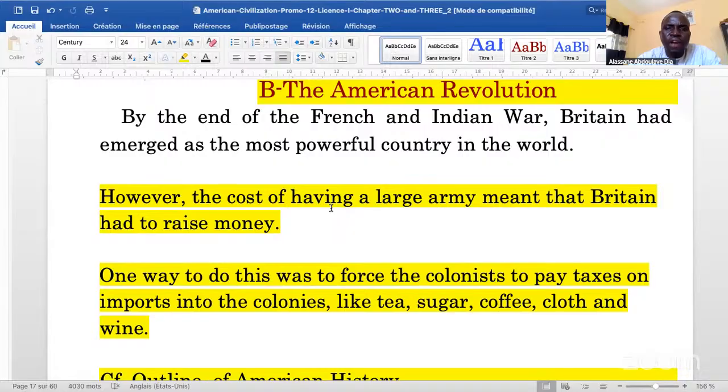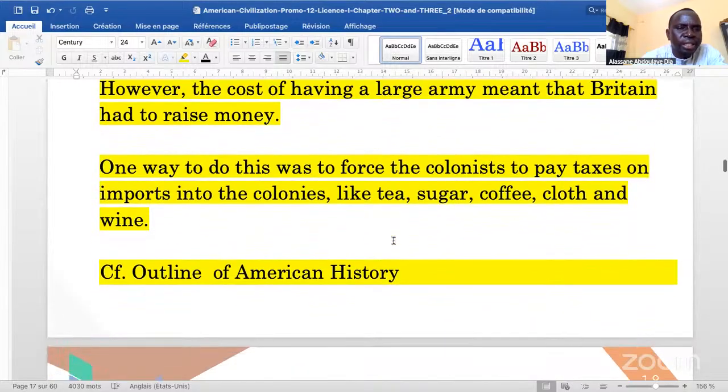However, the cost of having a large army meant that Britain had to raise money. And as Britain became a world superpower, it wanted to keep its domination, its power. And then they had to pay a lot of money to the army. And Britain did not have that money. And they wanted to make the money.